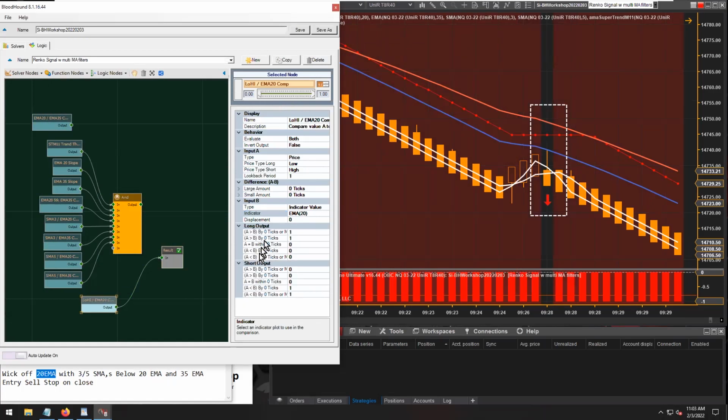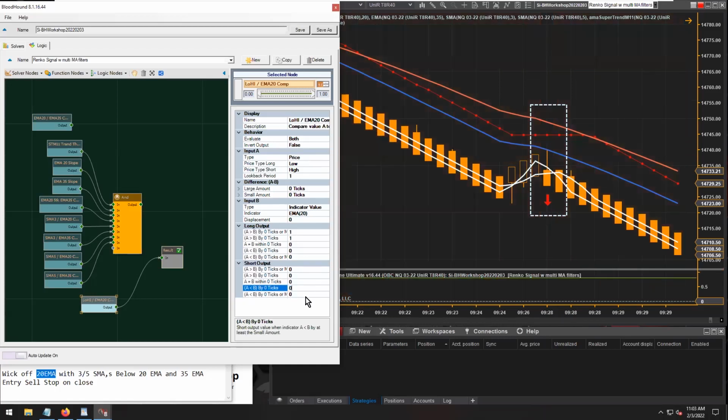And so now we need to get the outputs correct. For a short output, this is a short signal, so we want a short output there. But we can see that on the signal bar, there's no output. That tells us that our output settings are incorrect.